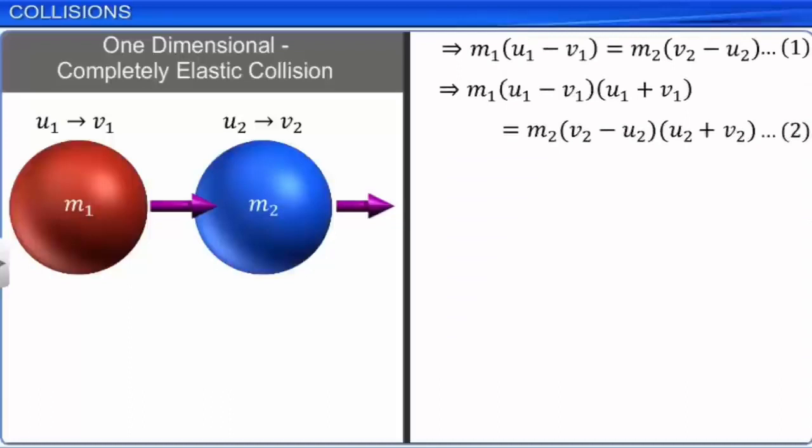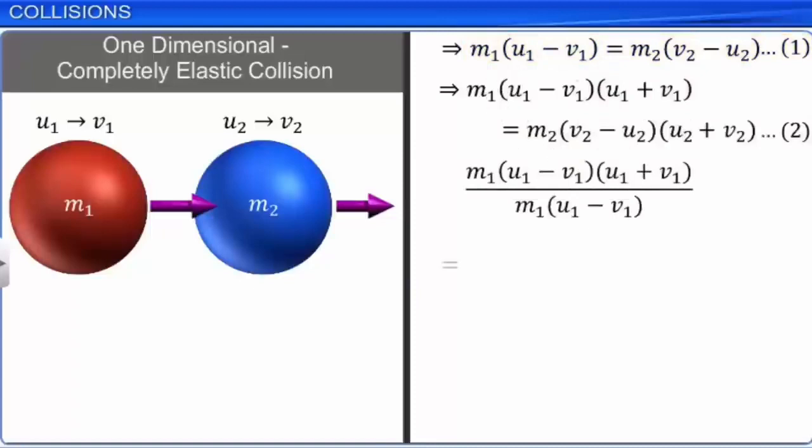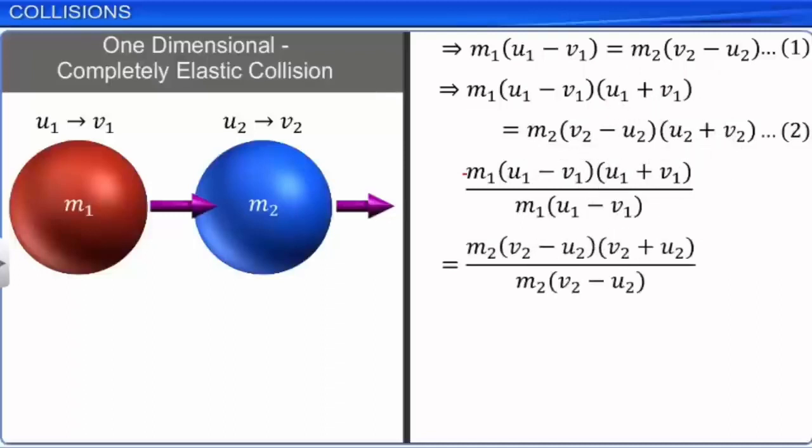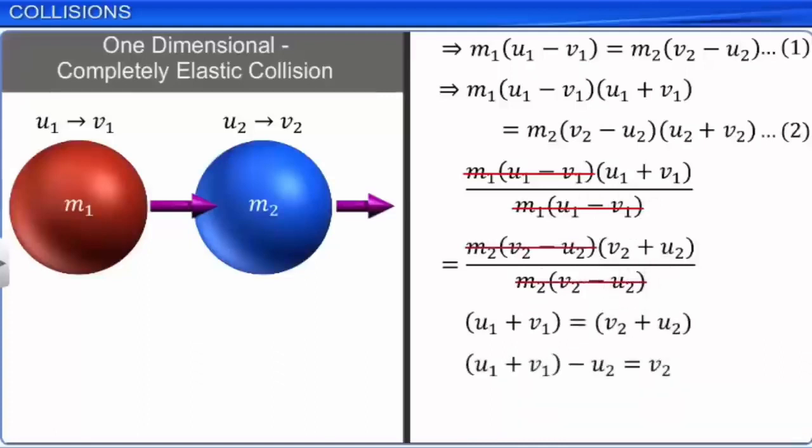Now, dividing equation 2 by equation 1 and simplifying, we get u1 + v1 = v2 + u2. Let this be equation 3.